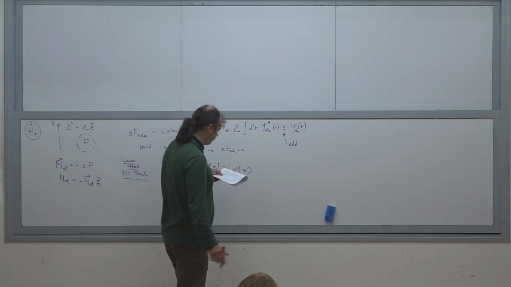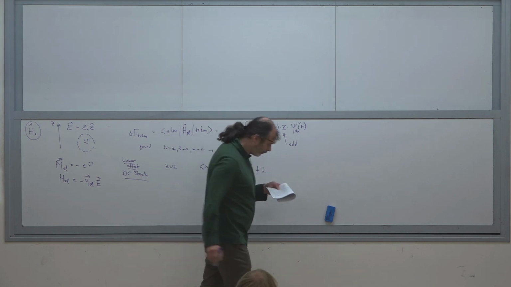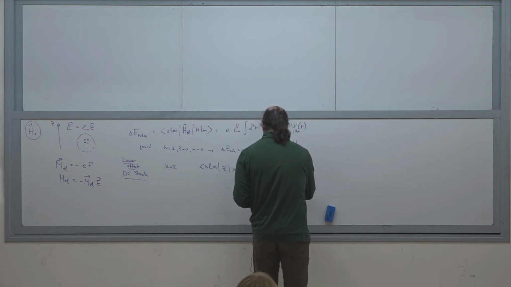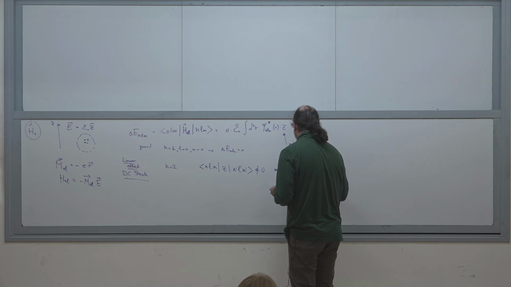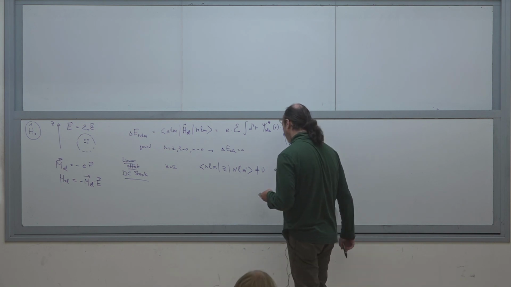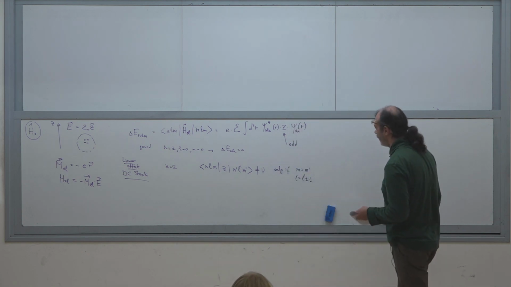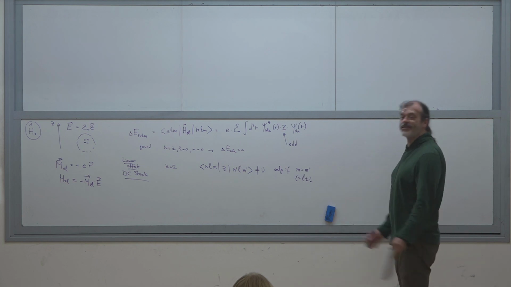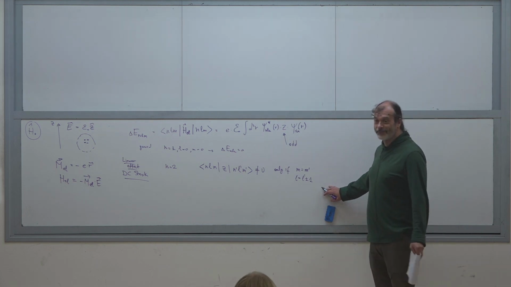The matrix element is non-zero only if m is equal to m prime, and L is equal to L prime plus or minus 1. Otherwise, it's 0. Right for now, you have to believe me.